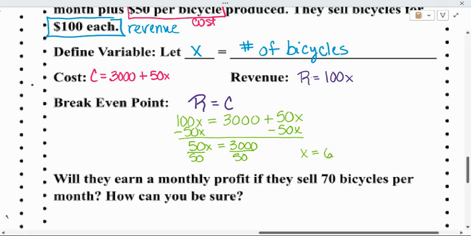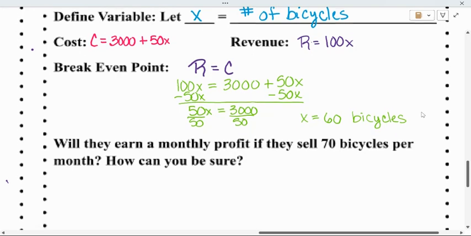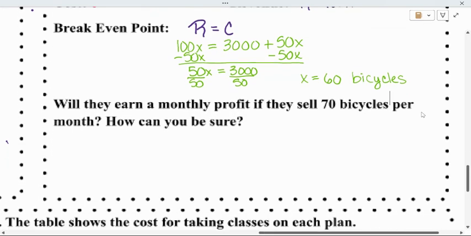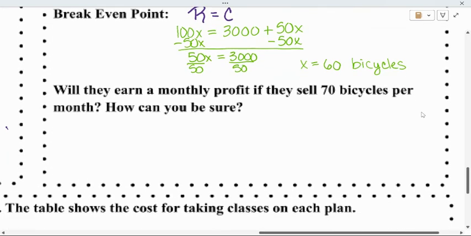Good job. X equals 60 bicycles. So we have to sell 60 bicycles to break even. So this has a second part to it. It says, will they earn a monthly profit if they sell 70 bicycles? How can you be sure?